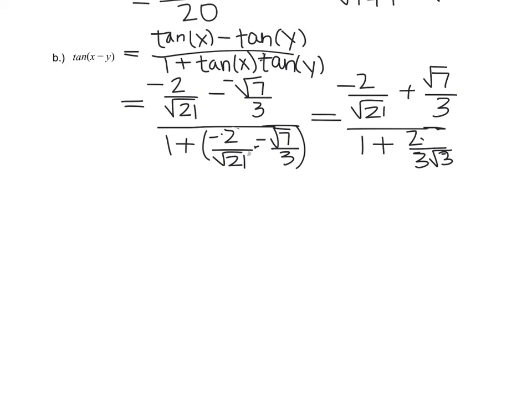Now we want to work on getting common denominators in our numerator and denominator. So in our numerator, we have to multiply the first fraction by 3, the second fraction by radical 21. And in our denominator, we have 1 over 1, which we can multiply the top and the bottom by 3 radical 3.